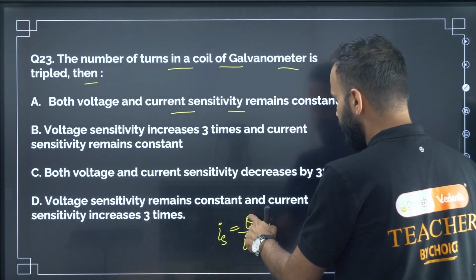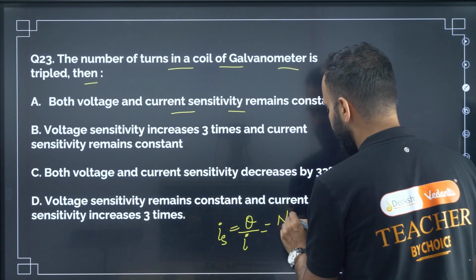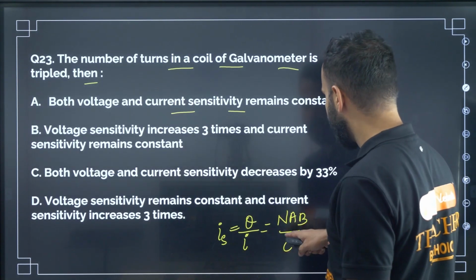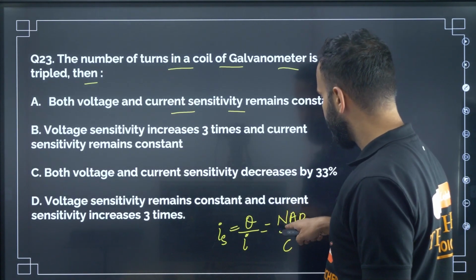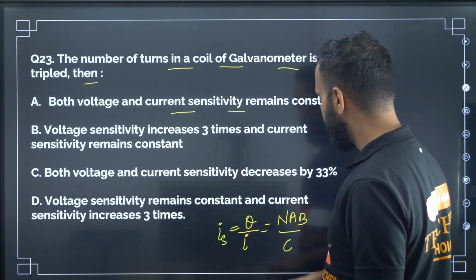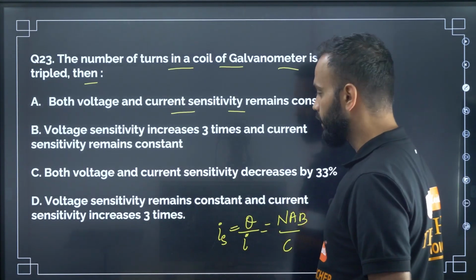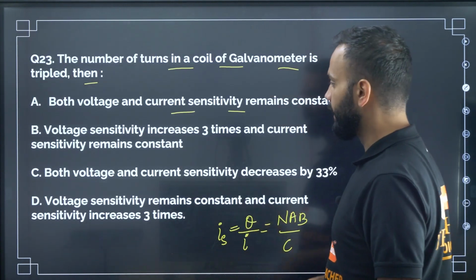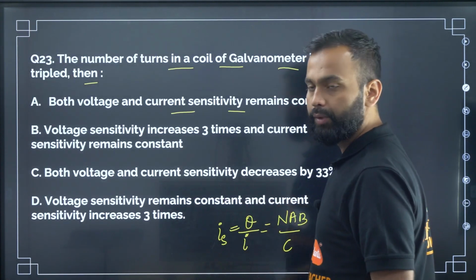So theta by I is NAB by C, where C is the restoring couple per unit twist. So if N is tripled, then current sensitivity is also tripled. So current sensitivity increases 3 times, but voltage sensitivity remains the same.